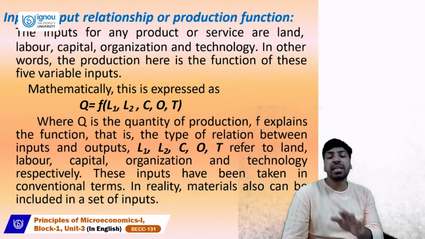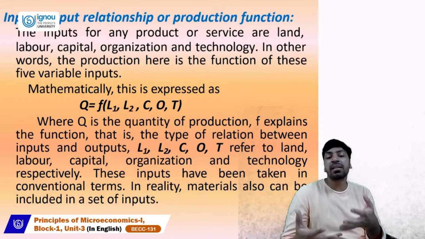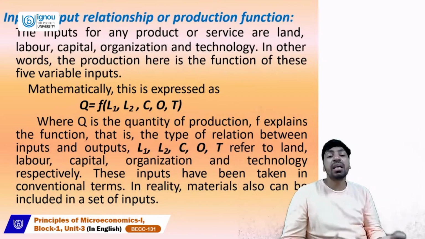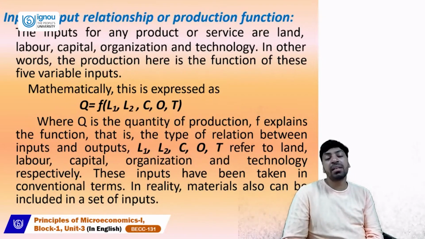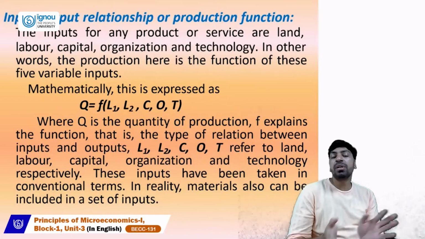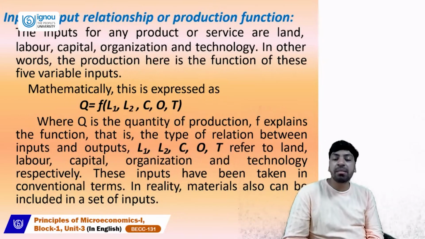These are the main five factors, but it doesn't mean that all other factors of production are not to be utilized as inputs to get the maximum output. This is called an input and output relation, or in other words, the production function mathematically.